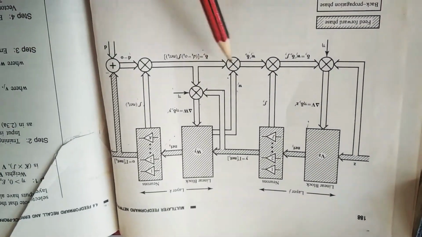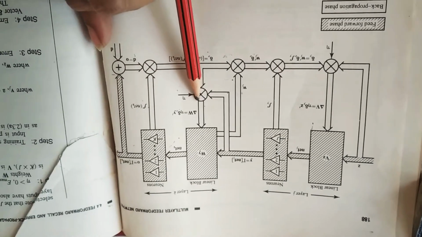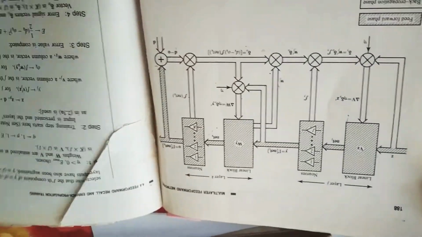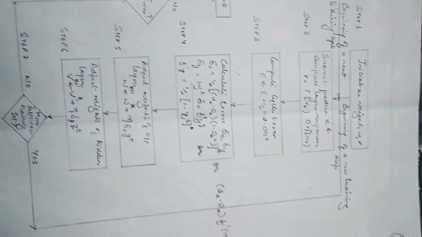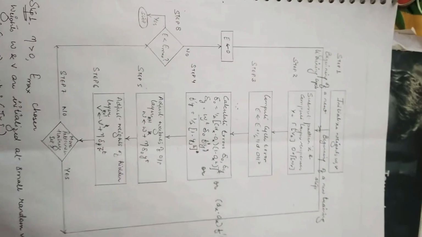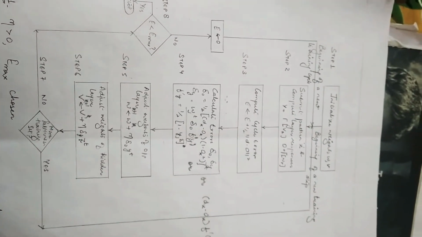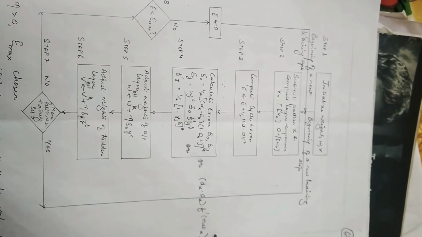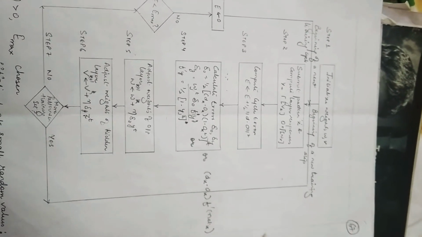I will explain this explanation after discussing the flow chart. Now let us first of all discuss the flow chart of error back propagation. You have to explain each and every step in error back propagation because this question is of approximately 20 marks.